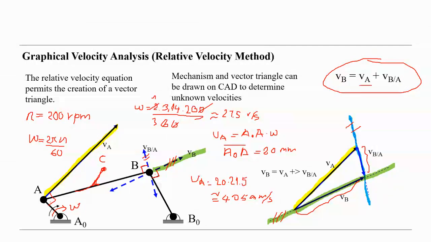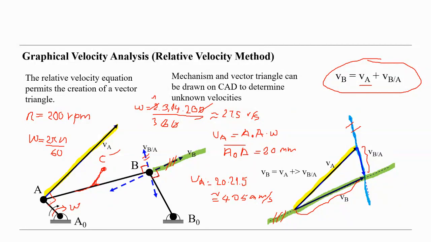VA is known in magnitude and also direction, because A0A is turning clockwise, so the direction of VA is perpendicular to A0A.